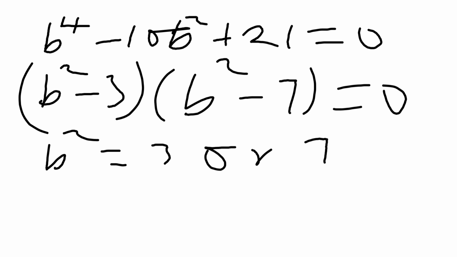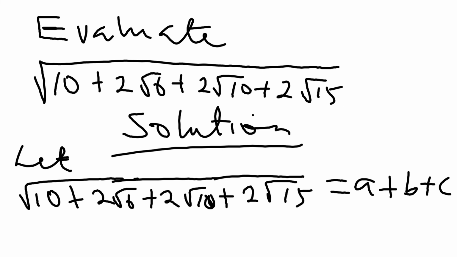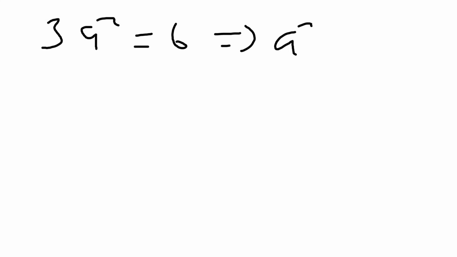If b squared is equal to 3, then we find a squared and c squared. From equation 2i, 3a squared is equal to 6. That means that a squared is 2. From the third equation, we have 3c squared is equal to 15.